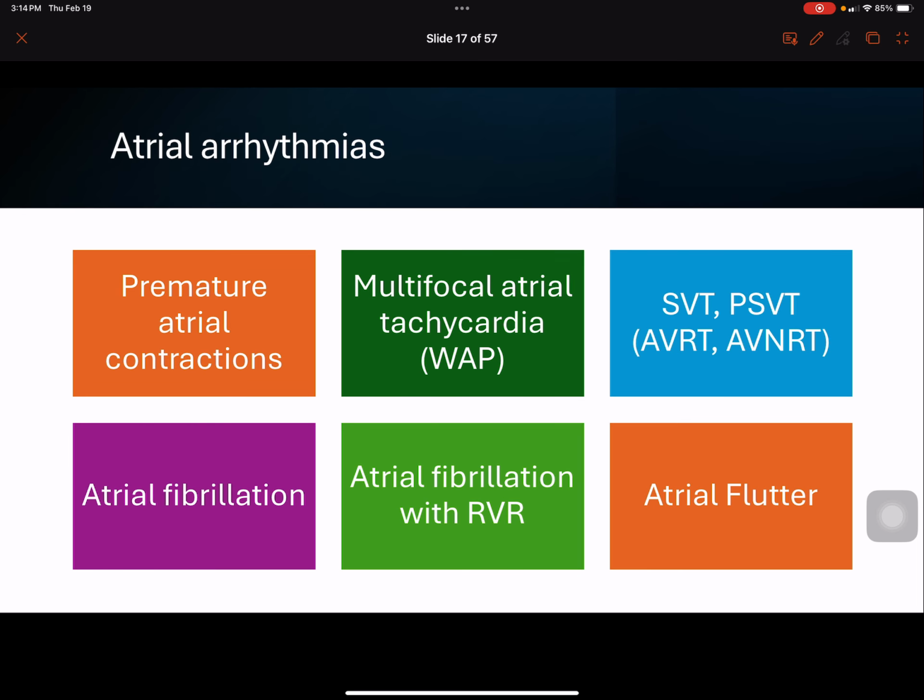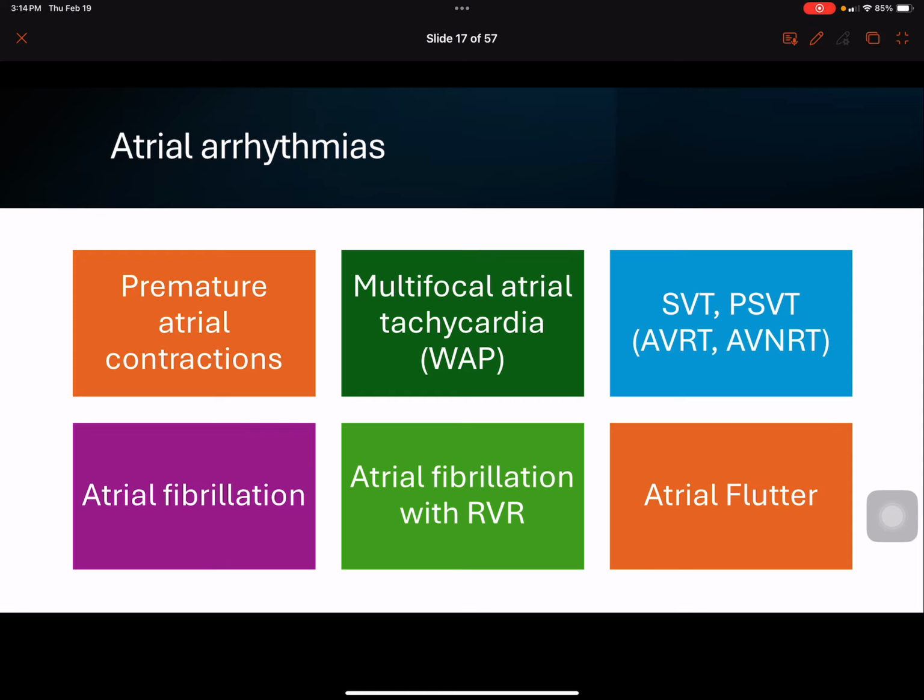Okay, so as we move on, we're going to talk about premature atrial contractions, multifocal atrial tachycardia, or wandering atrial pacemaker, SVT, PSVT, these rhythms, AVNRT, AFib, A-flutter, and AFib with RVR. So these are all our atrial arrhythmias. So we've talked about sinus arrhythmias and sinus nodal originating.